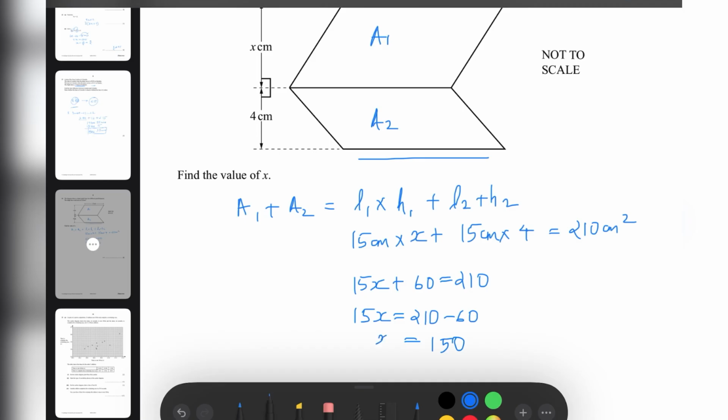So x is equal to 150 upon 15. So the answer is 10. So the value of x is 10 centimeter. Write the units. It's very important, students. Okay, right?